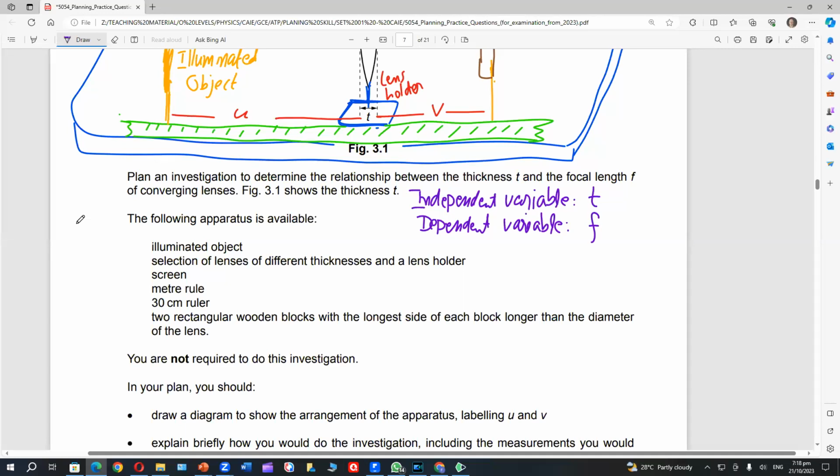So we will change thickness and we will see how focal length will change.